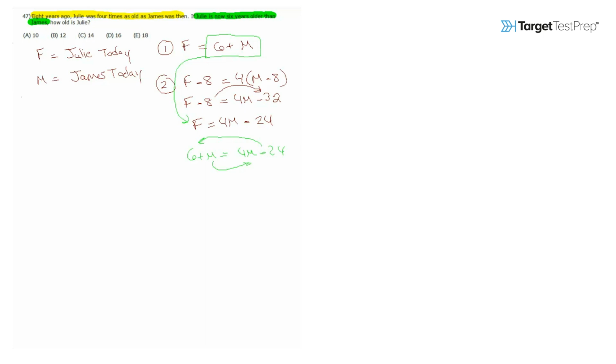This is going to give us 30 equals 3M. M, of course, equals 10. That is James's age. We want to know Julie. She's 6 years older, so she is 16. Remember, 10 is an answer there. 10 would be a trap, so always make sure you're solving for exactly what they're asking for.